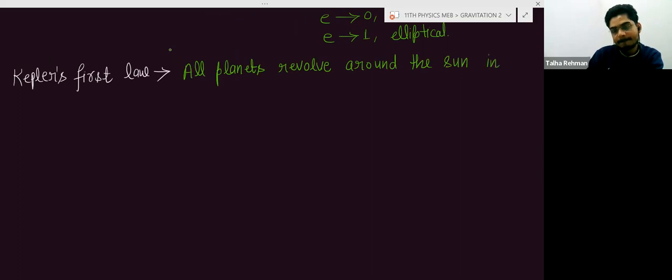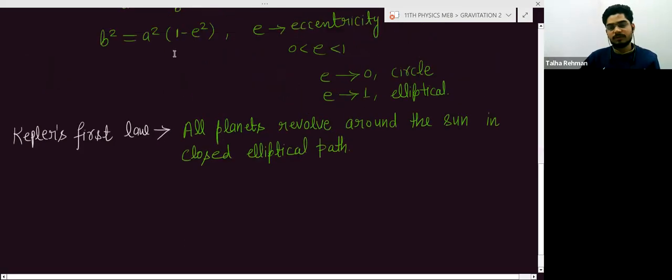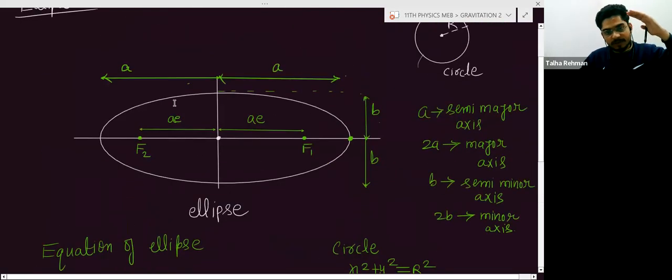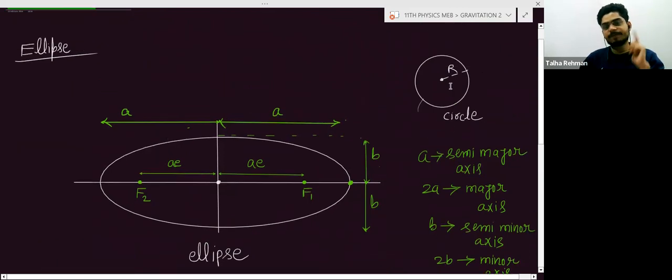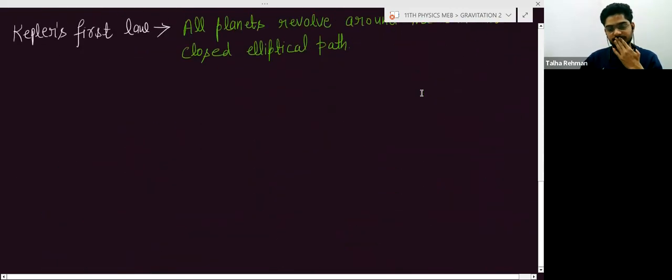Closed elliptical path. So the planets are revolving in this elliptical path, not in a circular path. Okay, this is the first law.